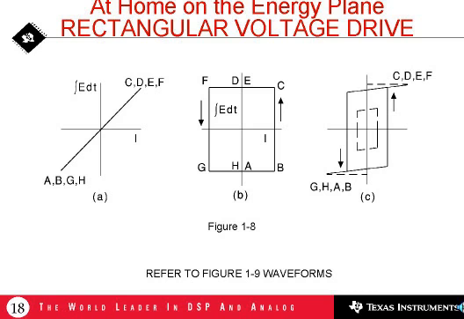The device on the left is our inductor, our ideal inductor. The characteristic drawn out is exactly the same, but the rate at which we move along that characteristic will be different. With rectangular voltage, suppose we have a voltage waveform of, let's say, 10 volts positive for half a cycle and 10 volts negative for the other half of the cycle.